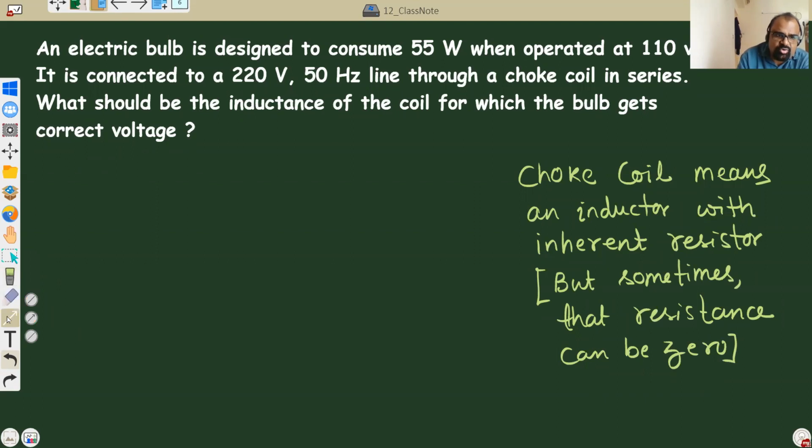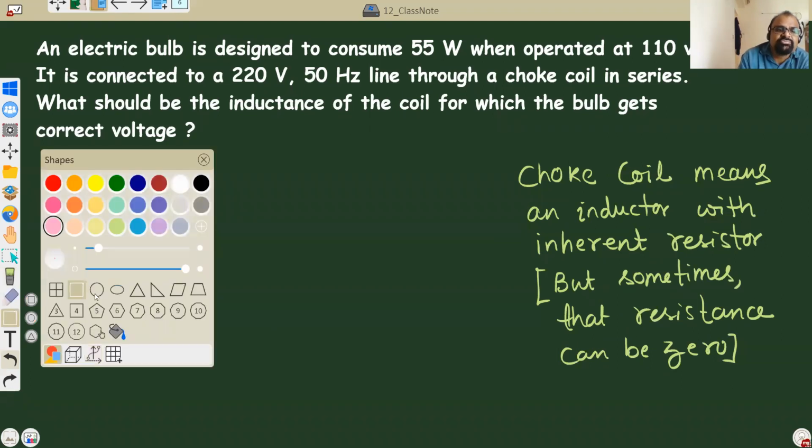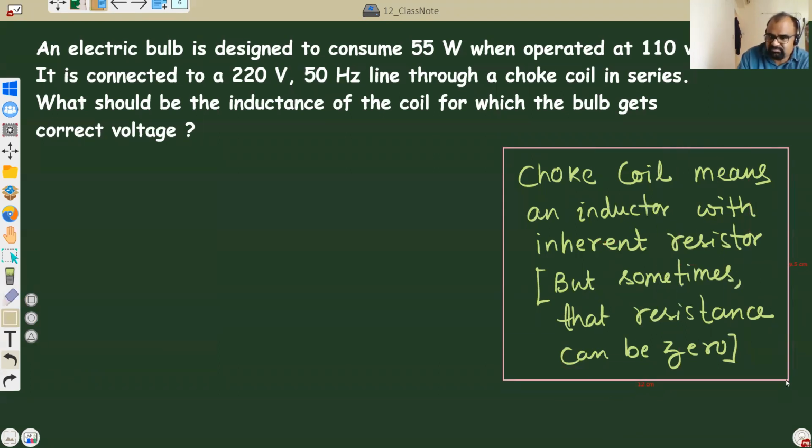So basically choke coil means inductor. Okay. So choke coil means inductor. Now come back to this question.